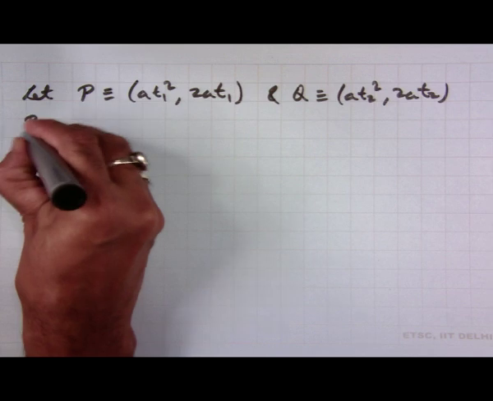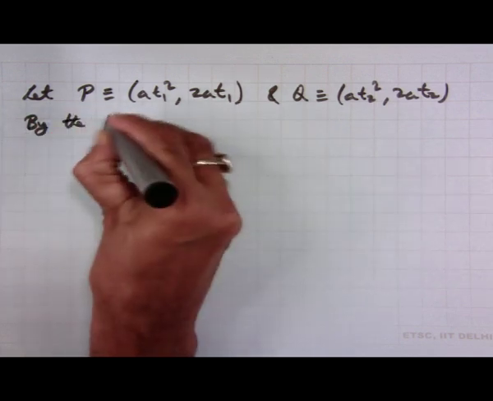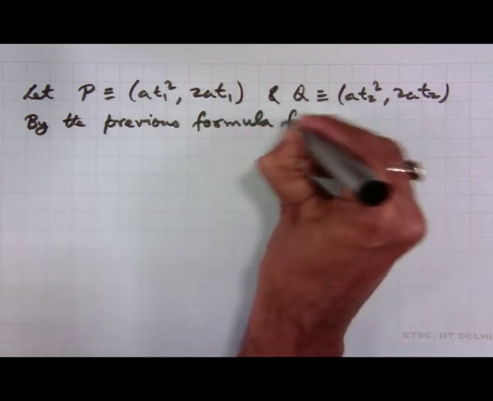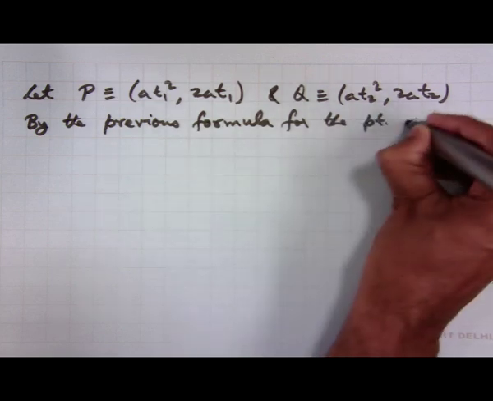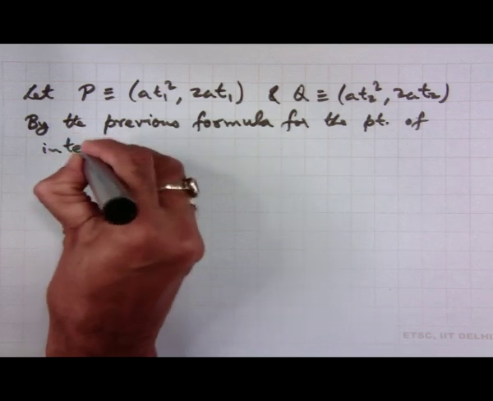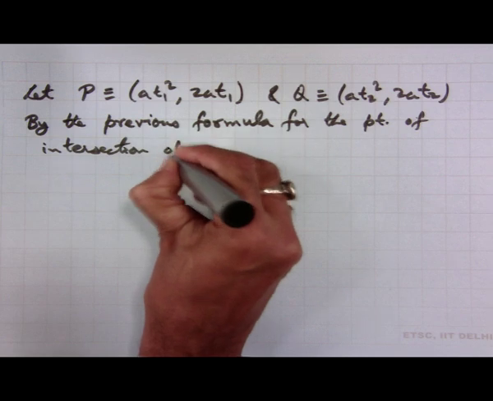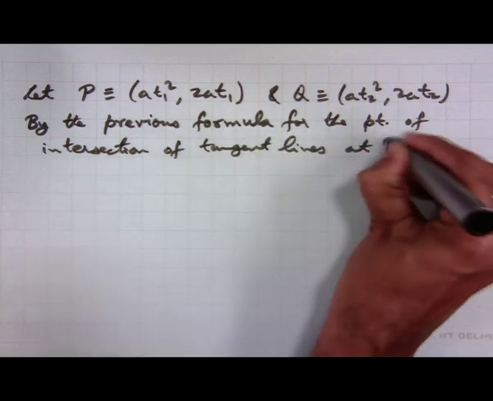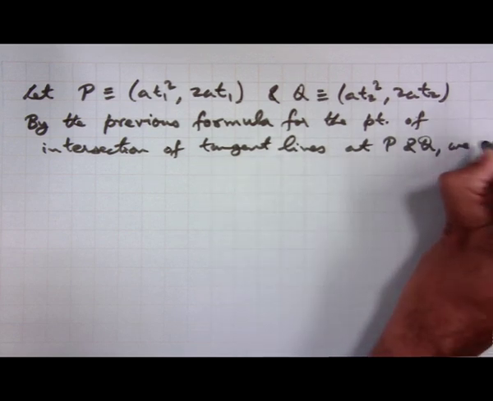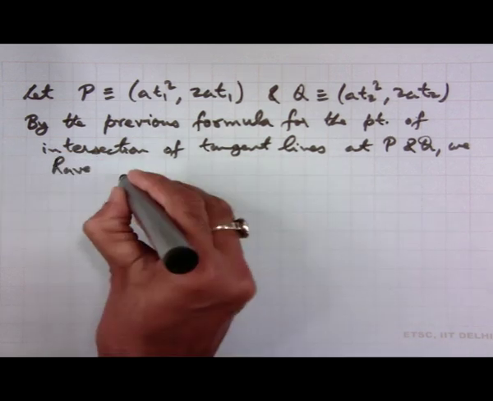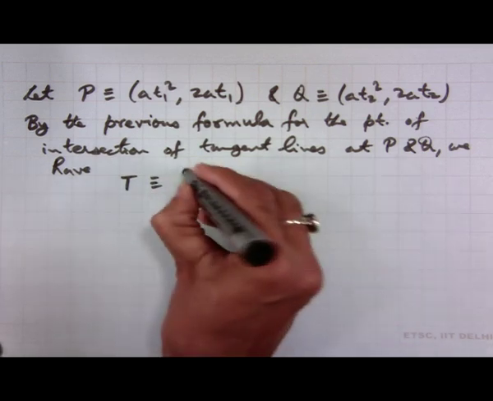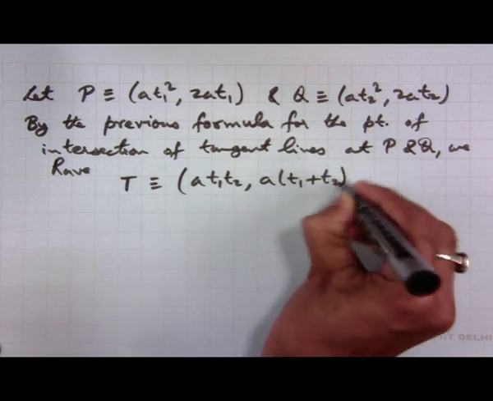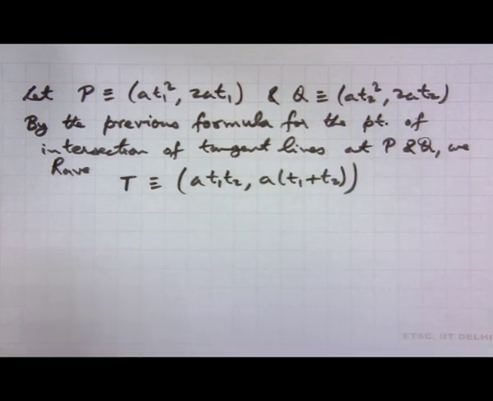By the previous formula, for the point of intersection of tangent lines at P and Q, the coordinates of point T are given by (a t1 t2, a(t1 + t2)). So, we have got the coordinates of point T.